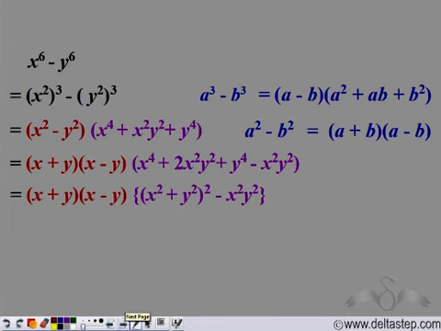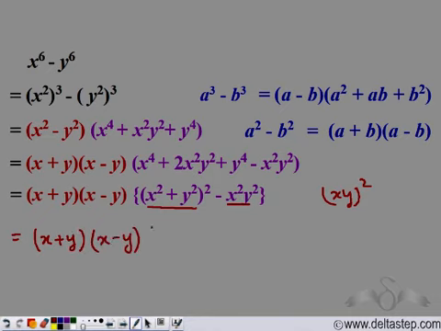Now, this is again in the form of something square minus something square, because this can be written as xy whole square. So something square minus something square. We can again use this identity, a square minus b square. So what do we get? x plus y into x minus y, a plus b. So a is x square plus y square plus b. b is xy into a minus b.